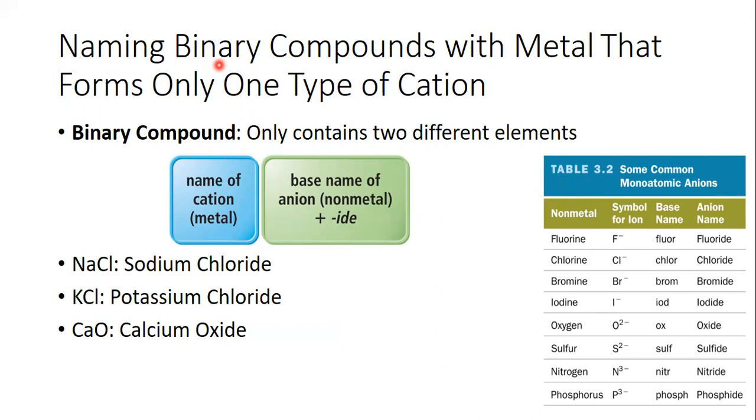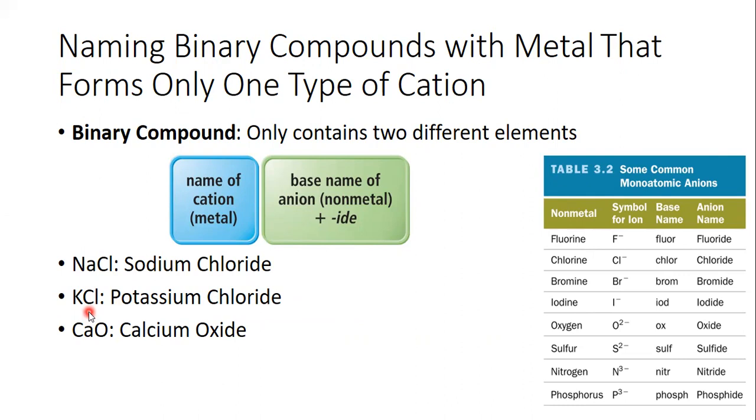And the way you name a binary ionic compound with a metal that only has one type of cation is the name of the metal plus the name of the non-metal, and you just change the ending of the non-metal to "ide." For example, sodium's our metal here. Chlorine is our non-metal. We change chlorine to chloride for sodium chloride.